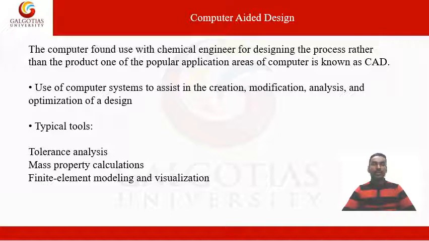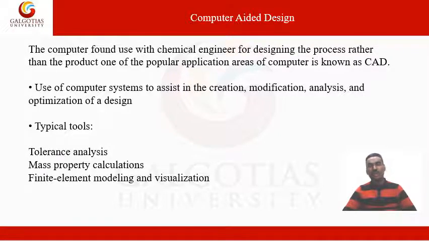It is the use of systems to assist in the creation, modification, analysis and optimization of the design. So here it is clearly saying that the computer is 100% used for designing the process. They are saying that one of the popular software is CAD.